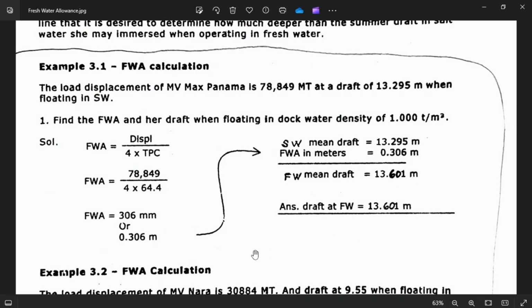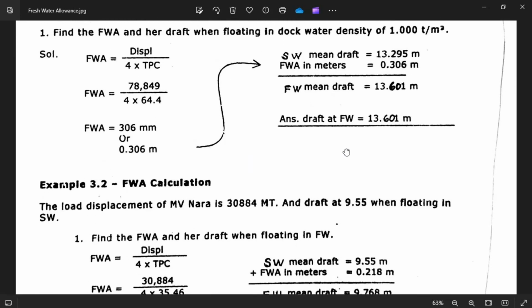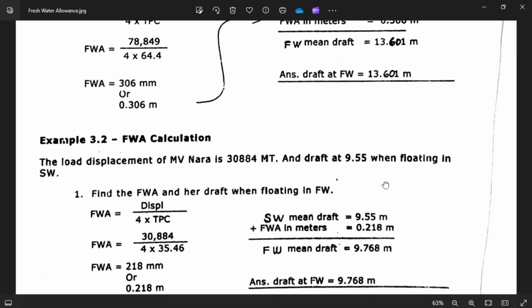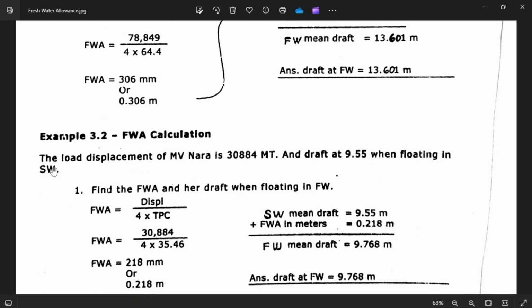Okay, so with the same problem, we will go to another vessel, which is the MV Nara. The light displacement of MV Nara in salt water is 30884, or a draft of 9.55. So we'll just take this 30884.